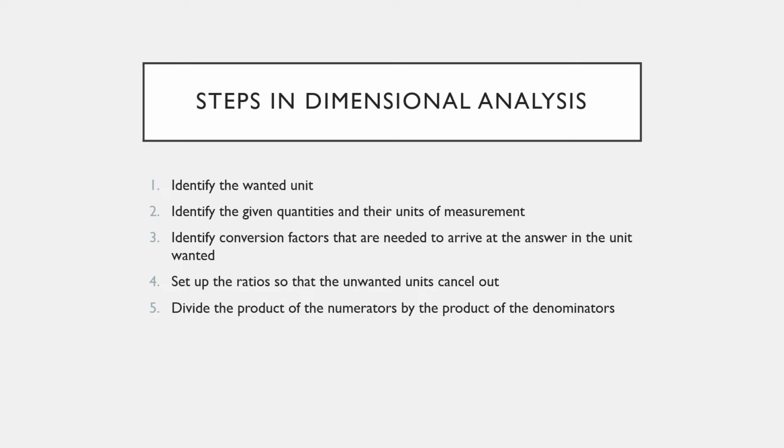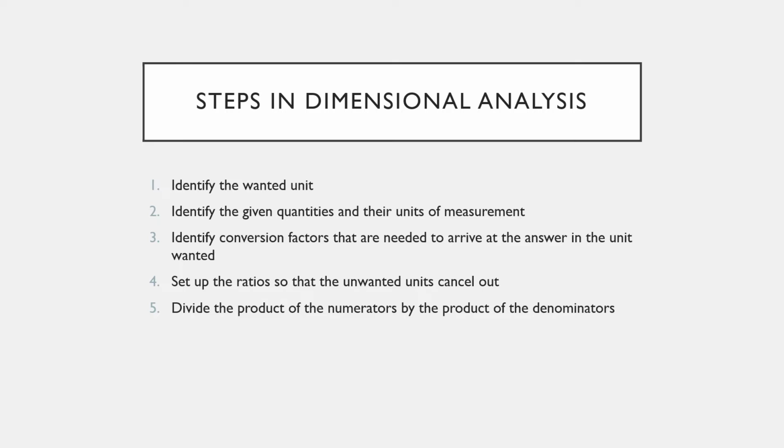The next step is to identify the given quantity and the units of measurement. So let's say in a problem, 3 liters is a given. They give you that in the problem, so that's a given. The third step is you have to identify if you need any conversion factors.